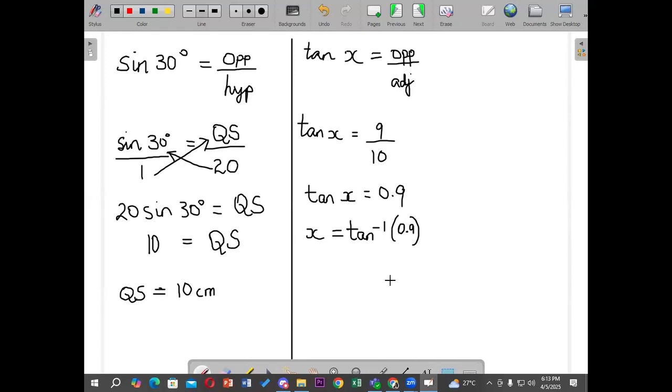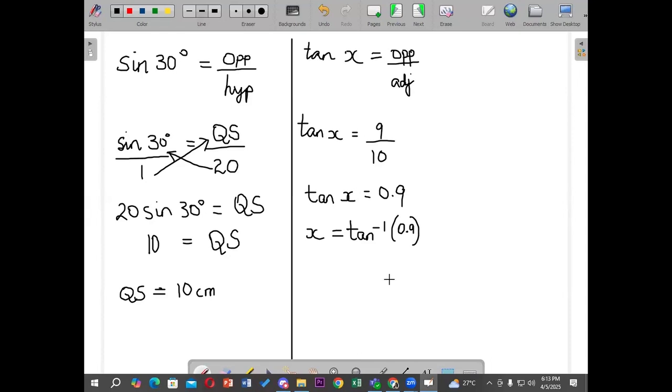So the first thing is locate tan on your scientific calculator. And once you locate where tan is, you're going to look for your second function button now. All right, so you don't press the tan, you're just pressing second function first, then you press tan. So you press second function and tan, and now your display should have tan with a -1 to the top. So that's tan inverse. All right.